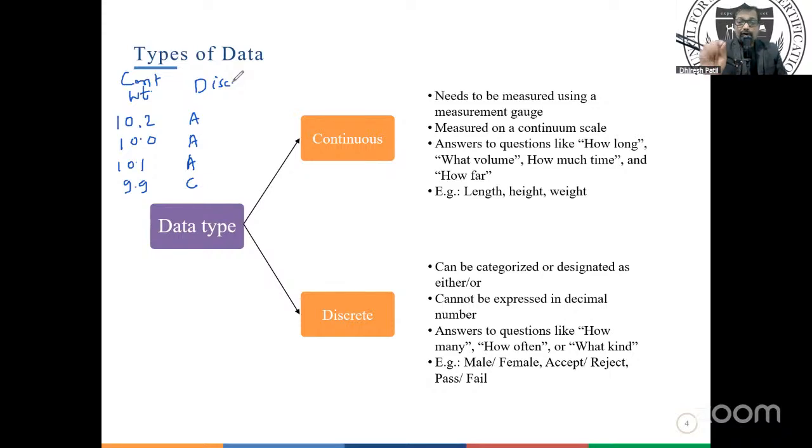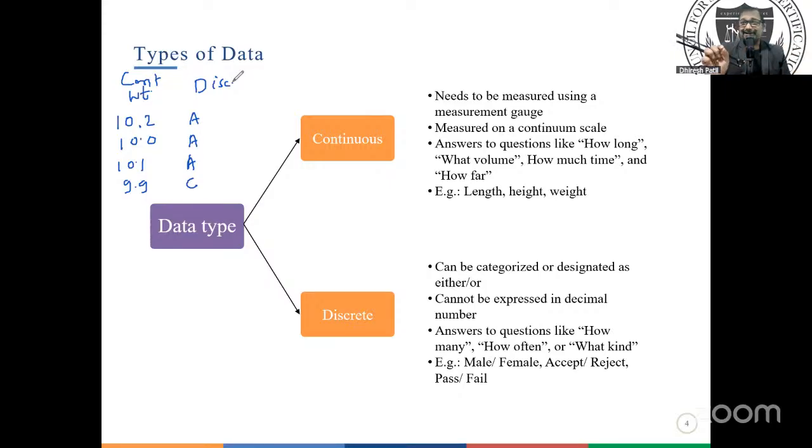And always try to convert if possible. If you have discrete data, let's take the same example of accept and reject. Instead of accept and reject data, take the weight data.